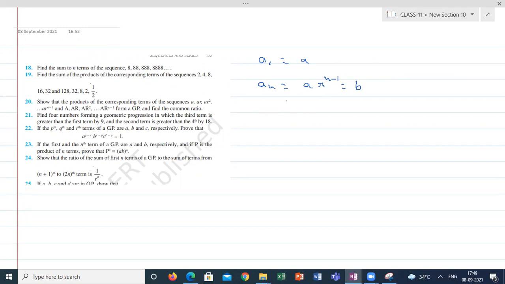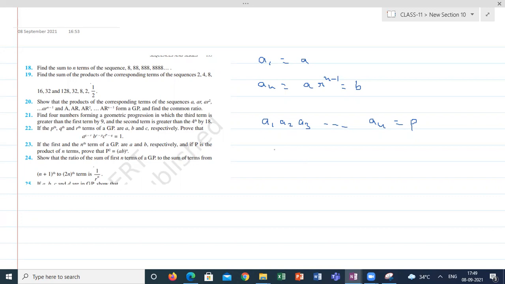If P is the product of n terms, what is the meaning of product, guys? a1 into a2 into a3 and so on up to an is equal to P. He is asking us to prove P square is (ab) whole power n. How to approach this question?